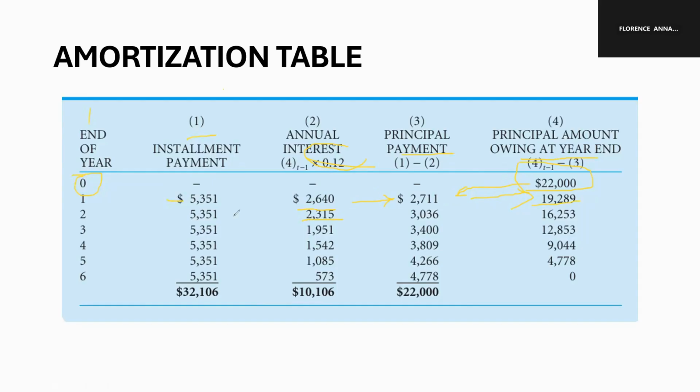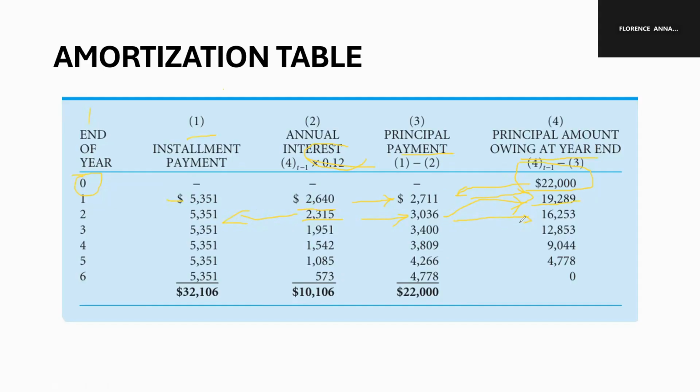You deduct that from your payments na 5,351, you'll arrive at 3,036 na principal repayment. When you deduct that from 19,289 na beginning balance mo at period 2, you'll arrive at 16,253 ending at the end of the second year.